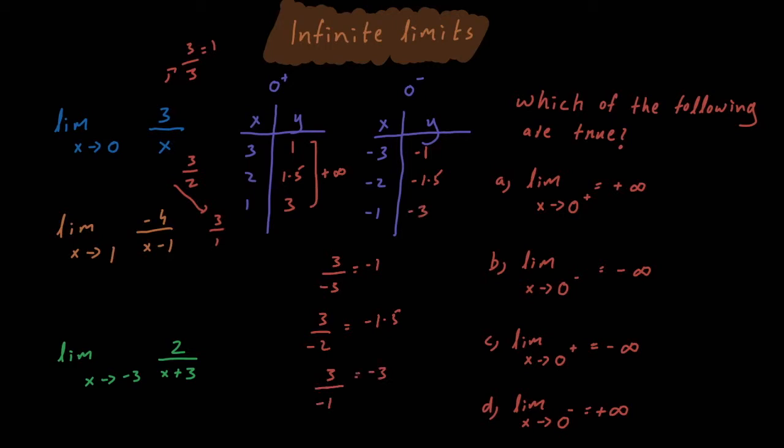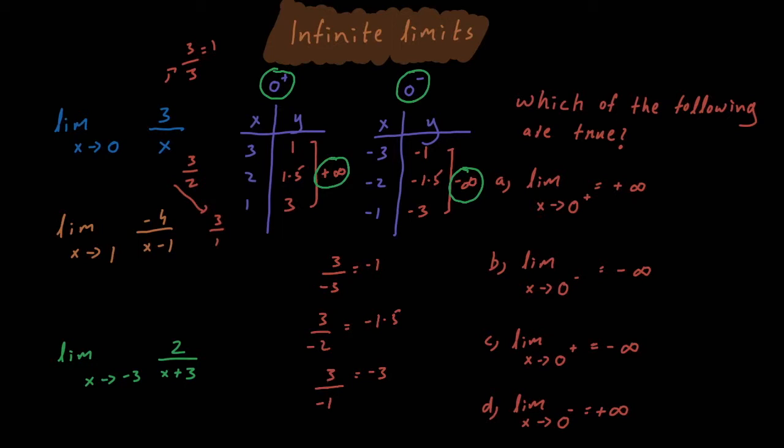So as I'm reaching closer and closer to 0 from the negative side, our values are becoming more and more negative, so it means we are reaching negative infinity. So at 0 from the positive side, we are reaching positive infinity, and at 0 from the negative side, we are reaching negative infinity.